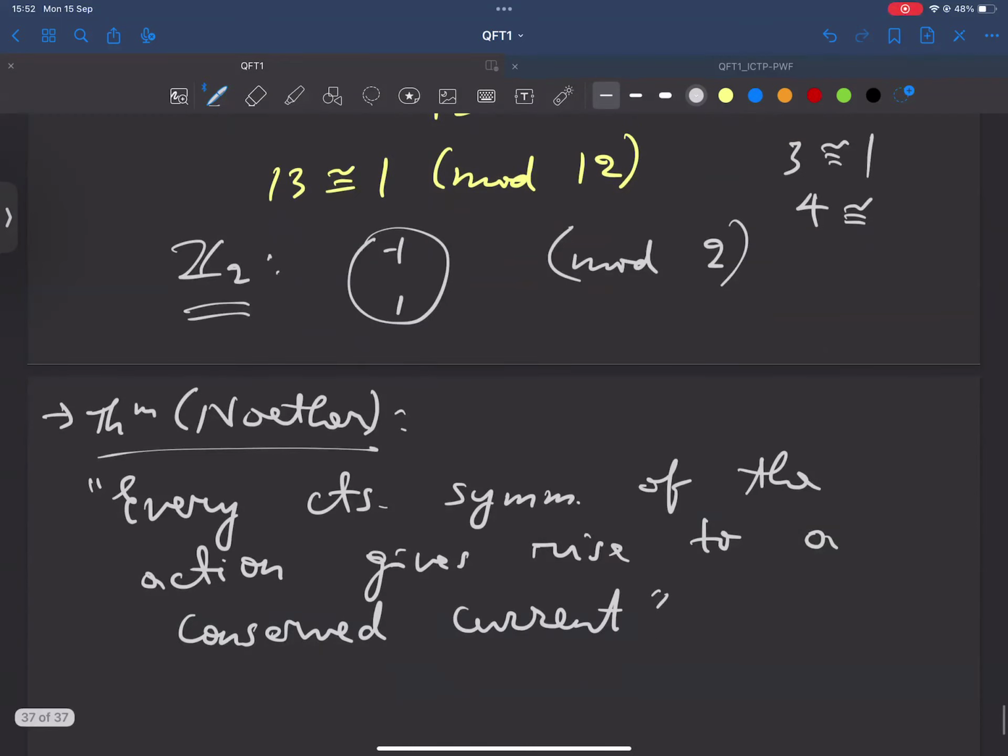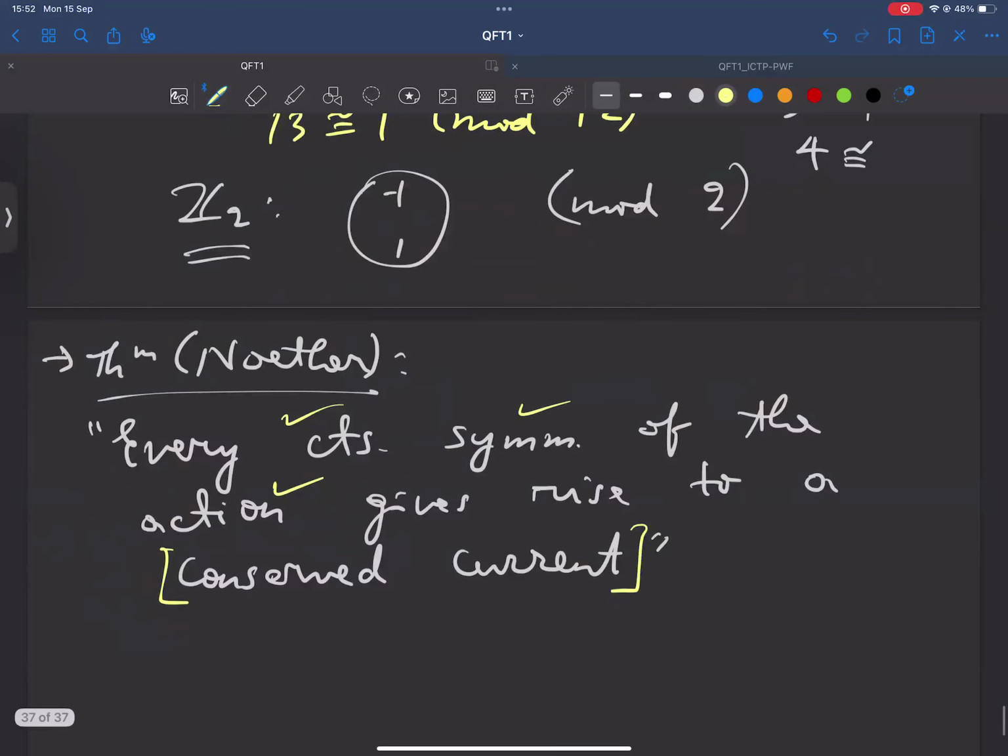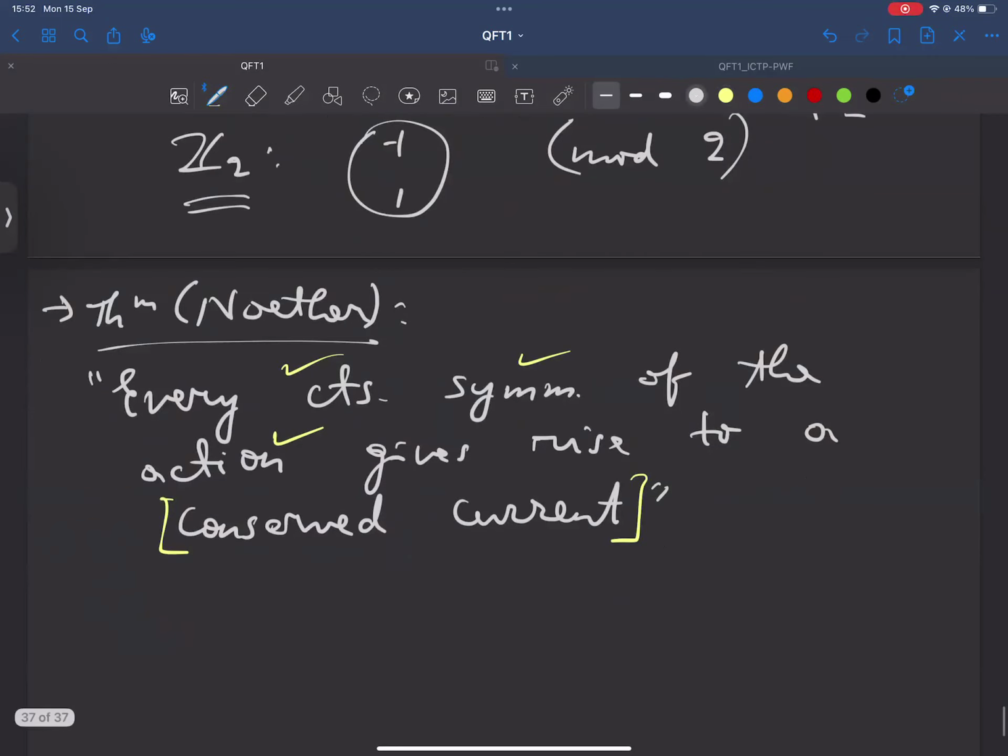In this, we already understand what a continuous symmetry of the action means. What we need to understand is what this word conserved current means, which we will see now.